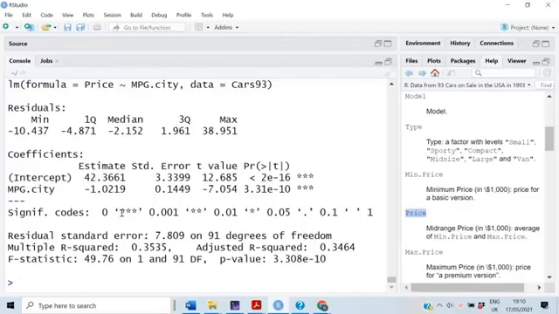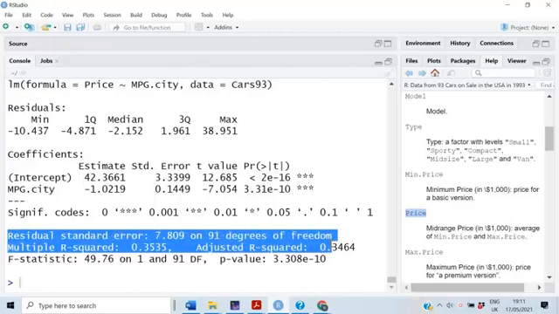Okay, so it's really a sign. For example, 0 is three stars, 0.001 is two stars, 0.01 is one star, and 0.05, which is what we are using, will be a dot. So in some instances, you have a dot, which means it is not significant at the 0.05 level of significance.